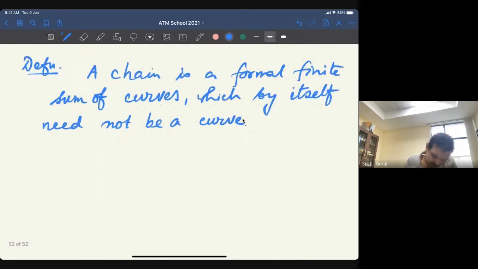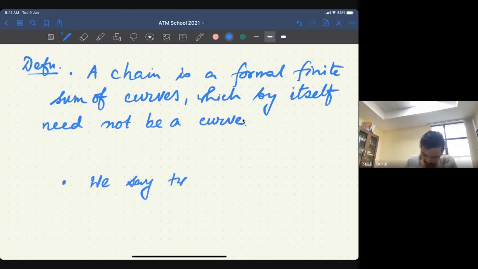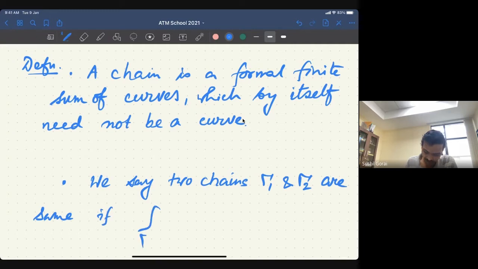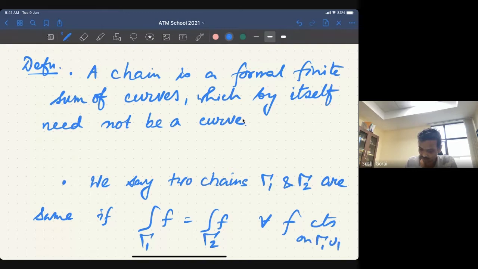So these are a few definitions. We say two chains gamma 1 and gamma 2 are the same, identical, if integration over gamma 1 of f equals integration over gamma 2 of f for all f continuous on gamma 1 union gamma 2.